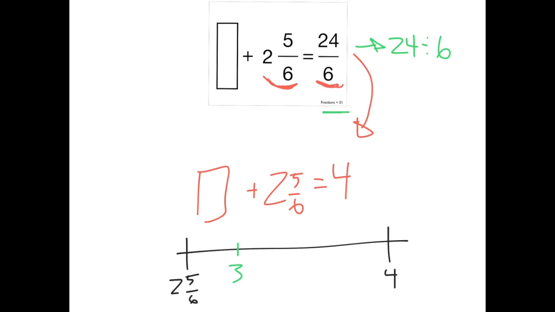So we'll pick a friendly benchmark of 3. 2 and 5/6 plus 1/6 gives me 3. And then the difference between 3 and 4 is 1. So 3 plus 1 is 4. So if I combine these two parts together, I get my answer of 1 and 1/6.